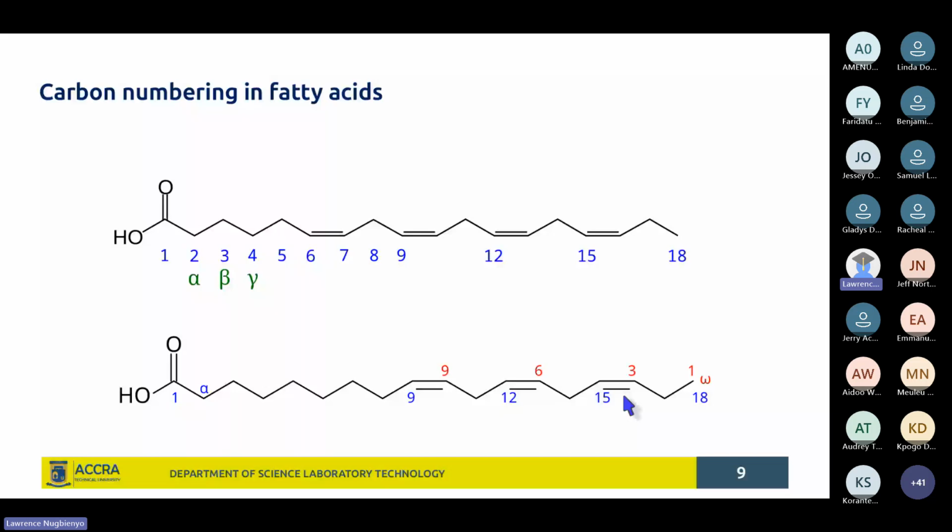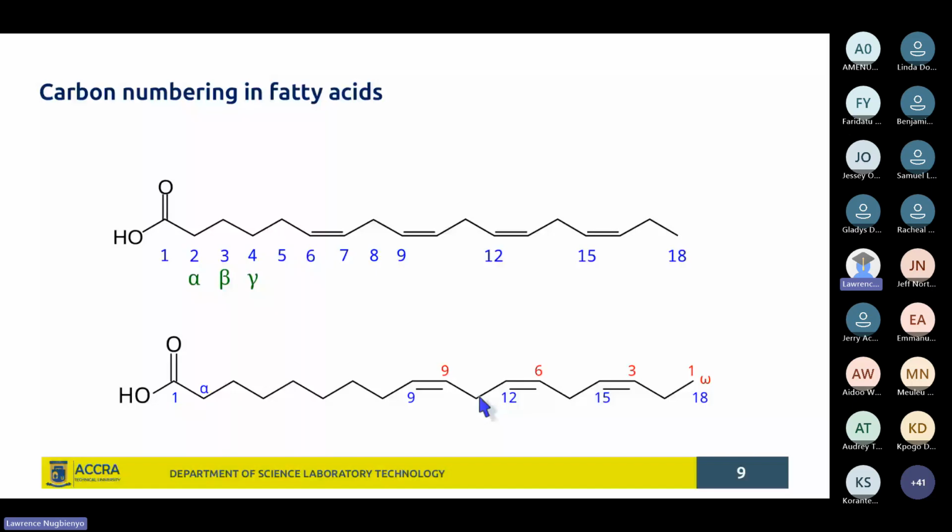To say that these fatty acids could easily break down in metabolism. Usually, some of these are essential fatty acids, and because of the double bonds they have in them, they can easily be broken down.